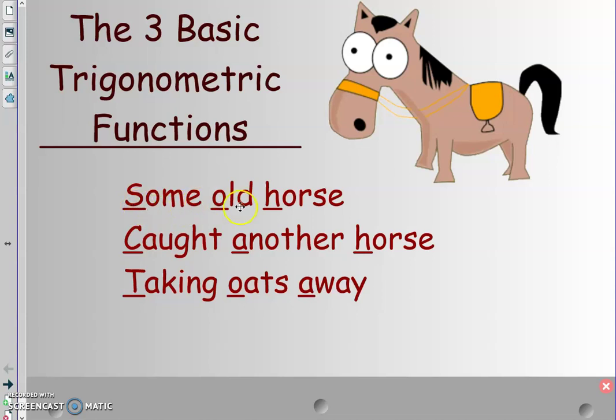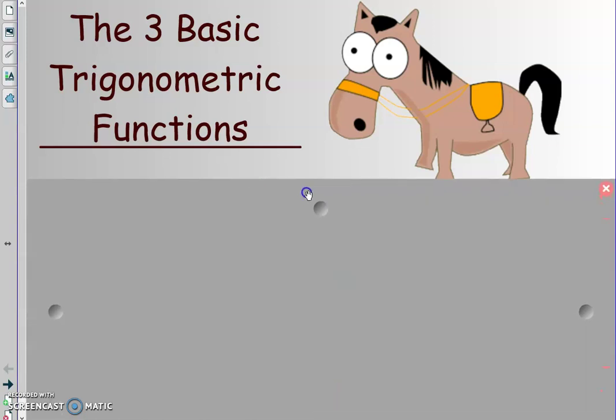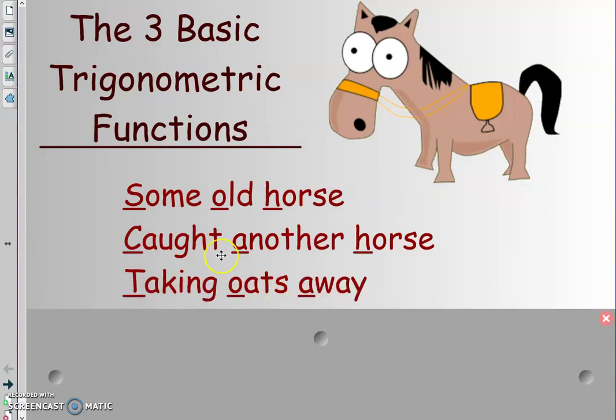Some old horse caught another horse taking oats away. Now I'm going to cover that up, and I want you to say it again to yourself. Don't look at what you just wrote down, but I want you to just say it again from memory. Good. Did you say, some old horse caught another horse taking oats away?